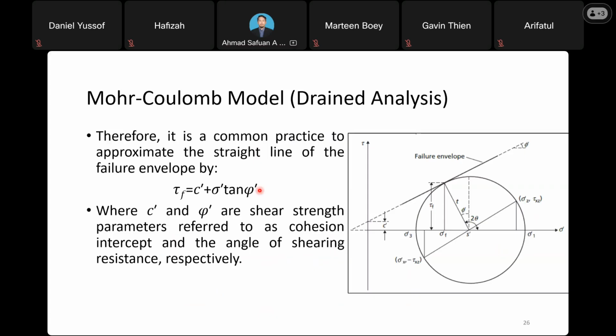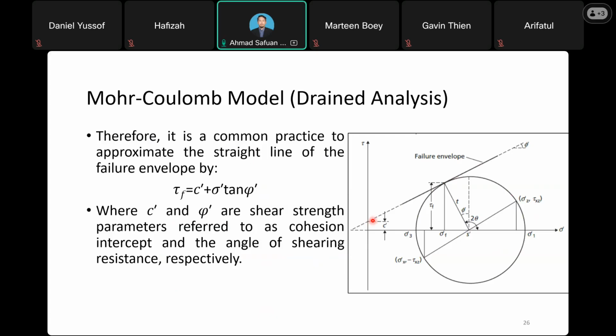Therefore, it is common practice to approximate the straight line of the failure envelope by tau f equal to c plus effective vertical stress times tangent phi, where c and phi are the shear strength parameters referred to as the cohesion intercept and the angle of shearing resistance respectively.